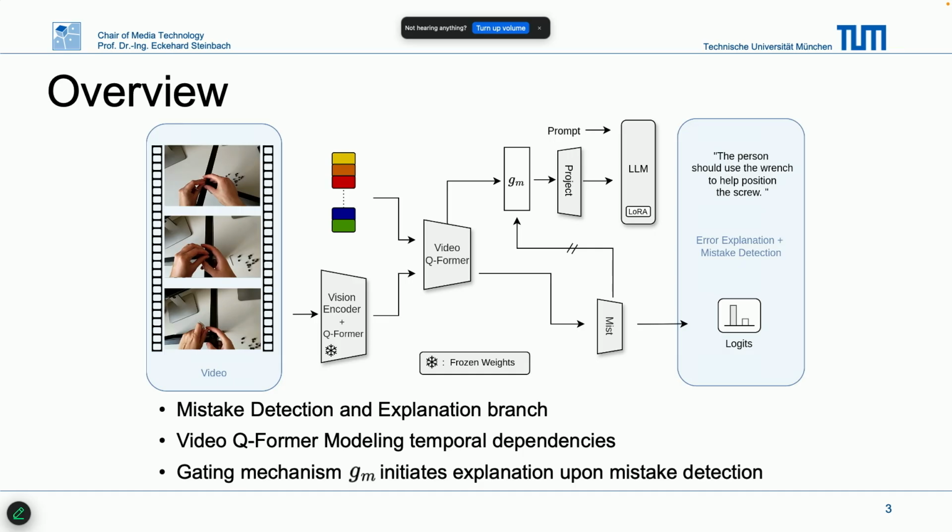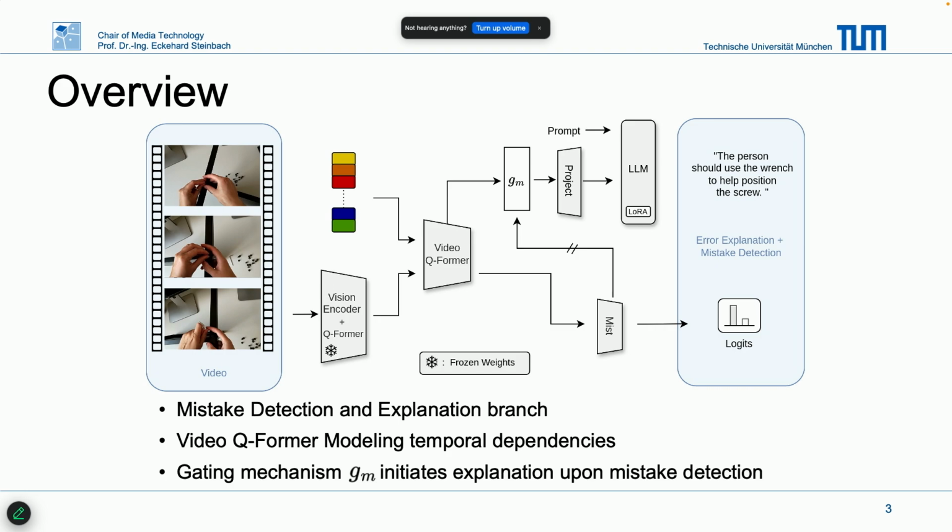These logits are further passed to the mistake explanation branch, in particular to the GM, a gating mechanism that leverages a sigmoid function to determine when to propagate the features further to the projection layer, which projects the features into the LLM embedding space. These features are then passed to the LLM alongside a prompt, and the LLM outputs the corresponding explanation for the detected mistake.